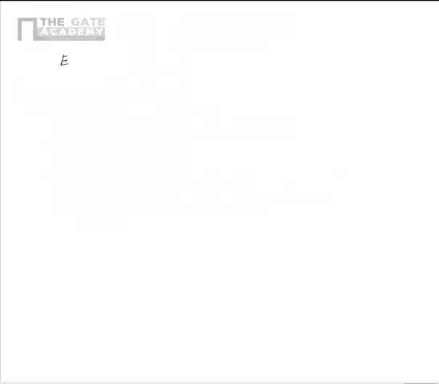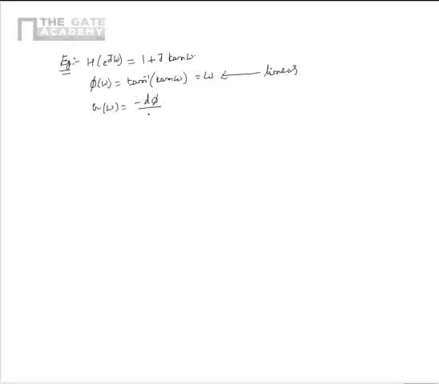Also, if we find out g of omega, which is minus d phi by d omega, we see that it is constant for a linear phase system as discussed.